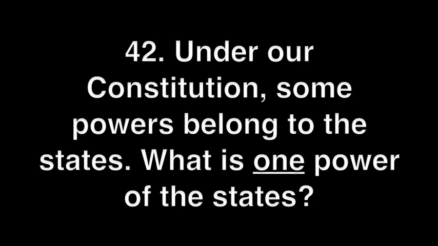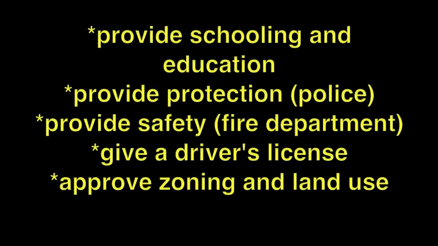Under our Constitution, some powers belong to the states. What is one power of the states? Provide schooling and education, provide protection, police, provide safety, fire departments, give a driver's license, approve zoning and land use.